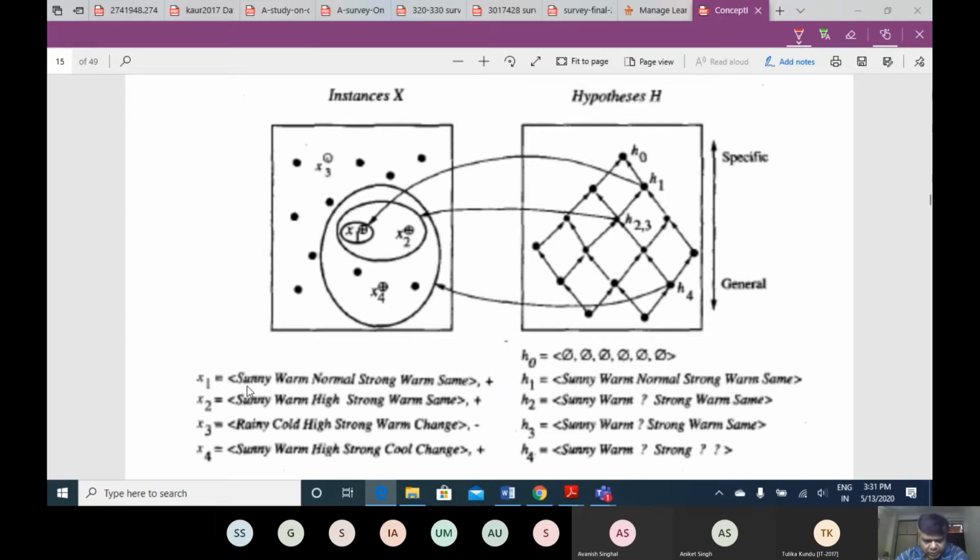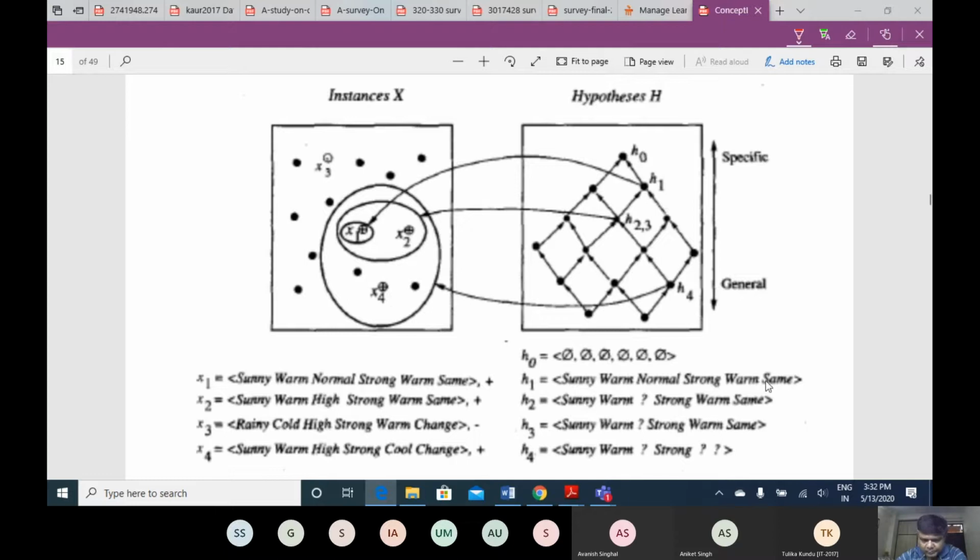If that is the case, we generalize the hypothesis based on these values. Initially every value is 0. So in place of 0 we have sunny, in place of 0 we have warm. So we are more general. Now we accept one row in the hypothesis.